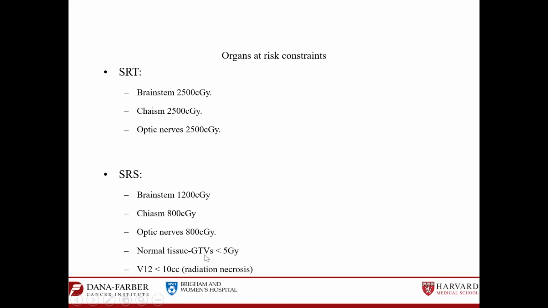When you subtract those, you look at the normal tissue of the brain and how much dose it will receive from this specific plan on that specific day. And that should be less than 5 gray. If you cannot meet that metric of less than 5 gray, you should treat your lesions on 2 separate days, not in 1 day. So that's very important in patients having multiple brain metastases.